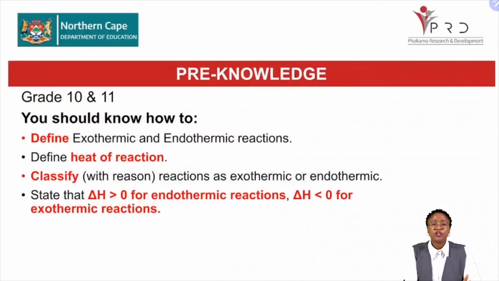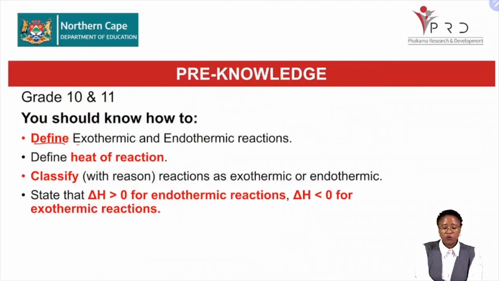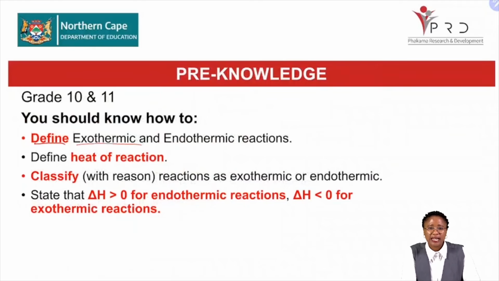In order for you to be able to do all of that, we need to go back to your grade 10 and 11 and see what it is that you already know in terms of this chapter, or rather, where this chapter comes from. Okay, in grade 11 and in grade 10, you should know, especially in grade 11, how to define exothermic and endothermic reaction. Remember, this was part of chemical change in grade 11.